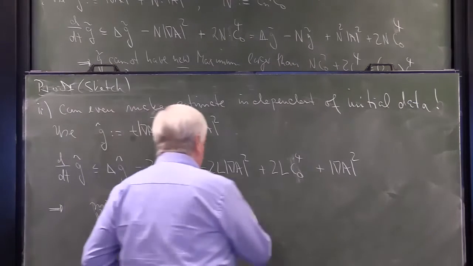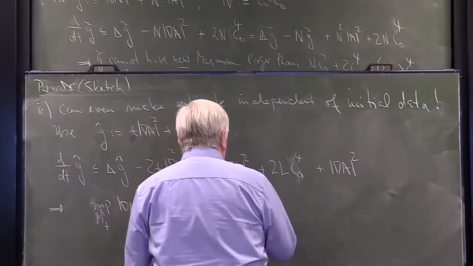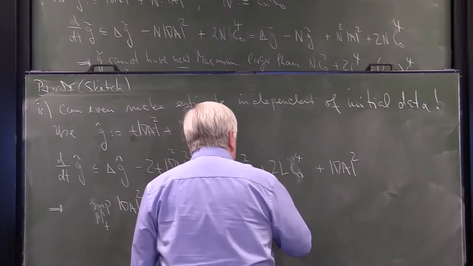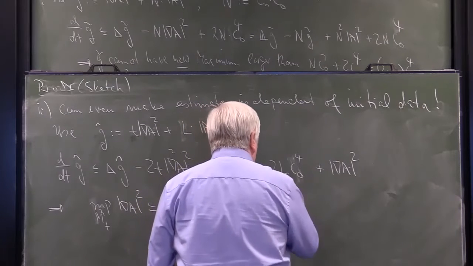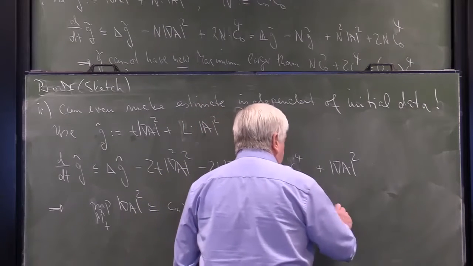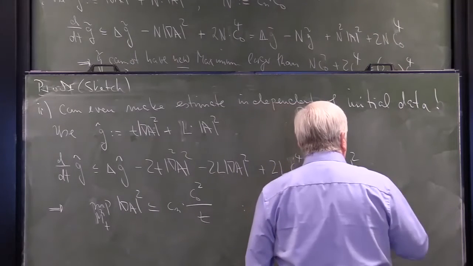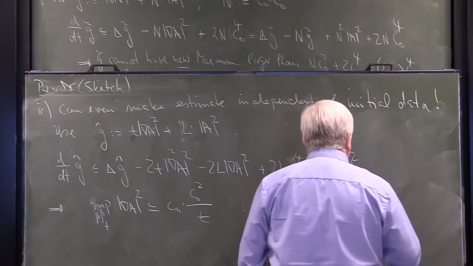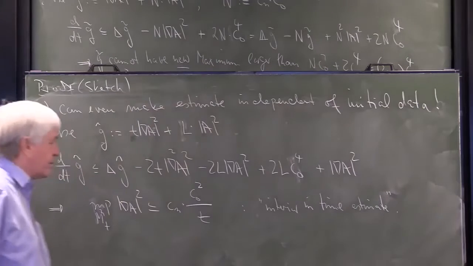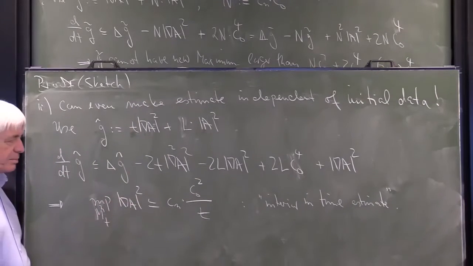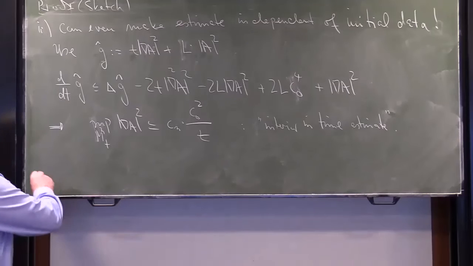We call this an interior in time estimate. And in particular, it means if you wait a little bit, you get the derivatives bounded. And you can work this out.